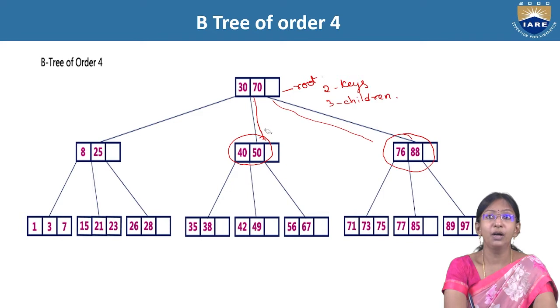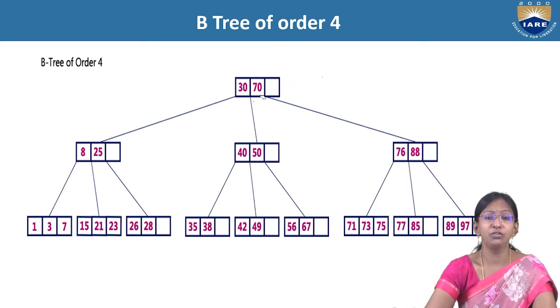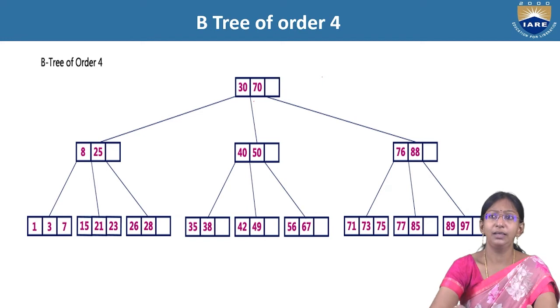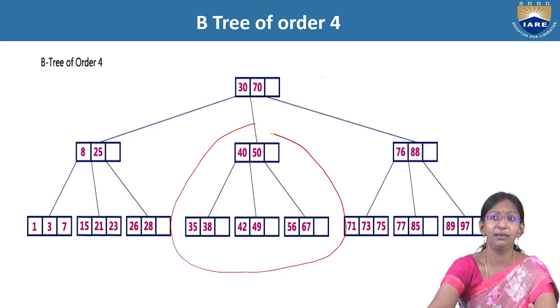So you can understand that for every key, its left children have values less than itself, whereas right children are greater than itself. Let me give one more example. Let's take the middle one. Have a look at this one keenly, guys.